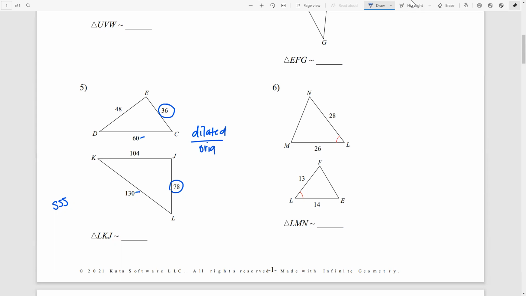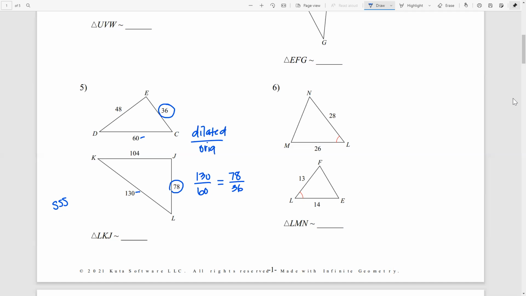So I was saying 130 has to correspond to my 60 because those are my longest sides on my triangles. And if it is equal to 78 over 36, which are my shortest sides on my triangles, then we probably have these proportional sides, which leads us to similar figures, similar triangles.